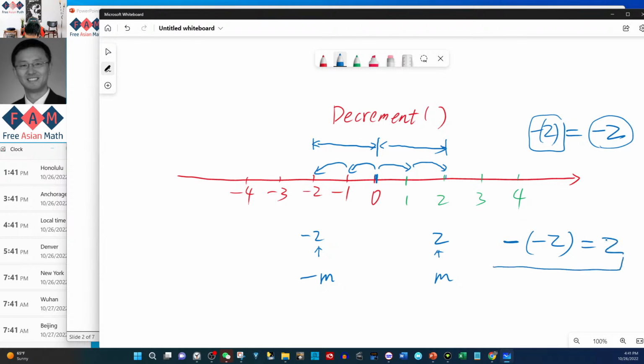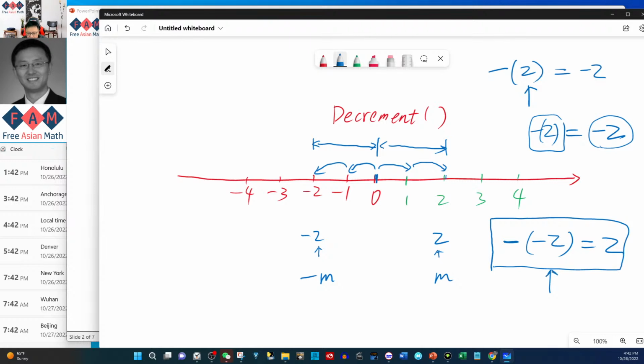Why is this 2? This is very important to understand. This is just the definition. Because negation is just an operator, and we need to properly define how this operation works when the number being operated on can be both negative or positive. When we first defined this, we only defined this operation for what's inside the parentheses being a positive integer.